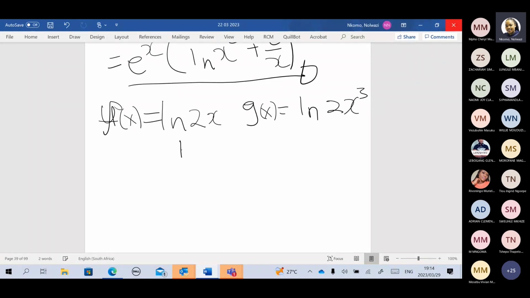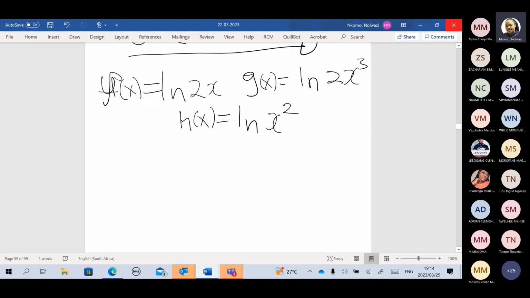Another one, h at x is equal to ln x squared. Okay, suppose we are given these 3 functions, right? And we are asked to find the derivative of all of them. Okay, let me write the other one. P at x is equal to ln x.